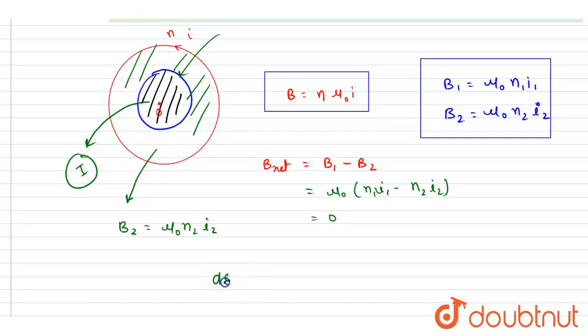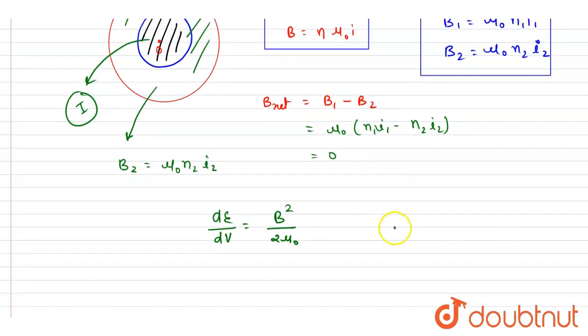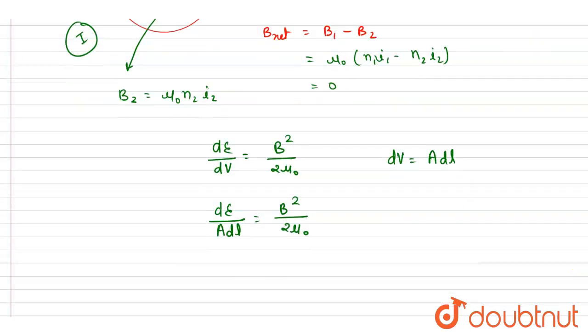The energy per unit volume formula, we know, is B square by 2 mu naught, right? And we know that dV is equal to A dL. If you put the value here, we can write the energy stored per unit length as B square by 2 mu naught into the area.